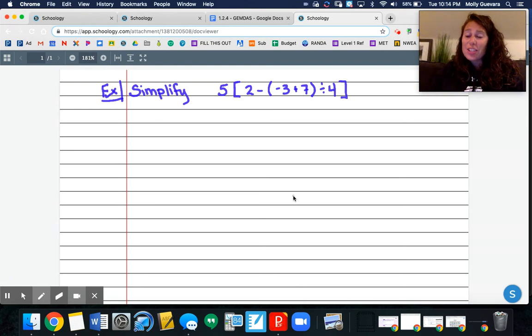In this case, I actually have two groupings: the square brackets, and also the parentheses. The rule of thumb is you always do the inside one first. So we're going to take care of that inside one.